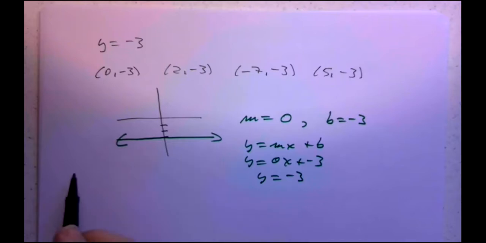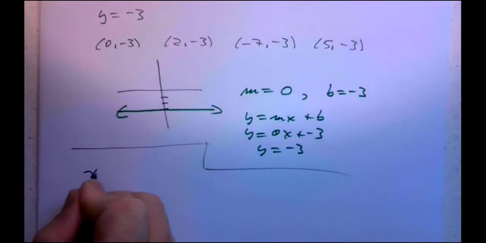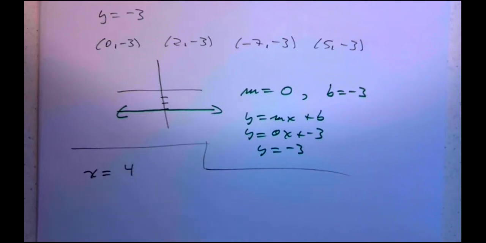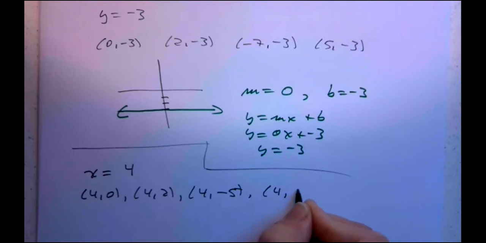And similarly, if instead I want to examine the graph of x equals 4, I list a whole bunch of points where x is 4, like (4, 0), (4, 2), (4, -5), (4, 9). And then we look at those and see what that gives us.